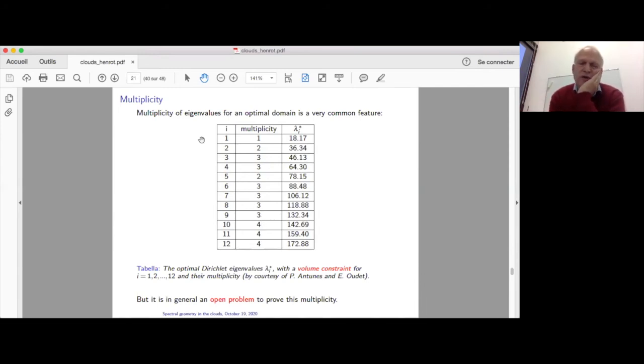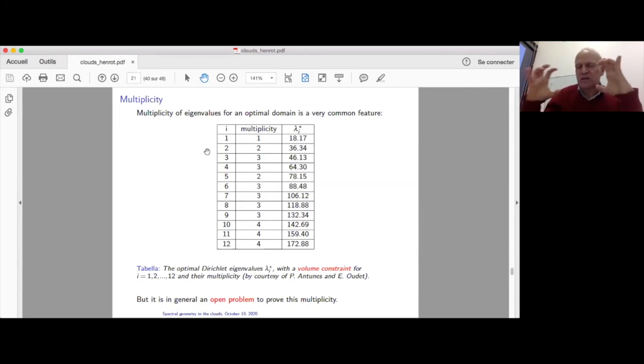Of course, for lambda 1, we have seen that the disk is the solution and lambda 1 is simple for the disk. But for all the other eigenvalues, as you can see, you have multiple eigenvalues. This is just numerics. We see numerically that these eigenvalues should be multiple.